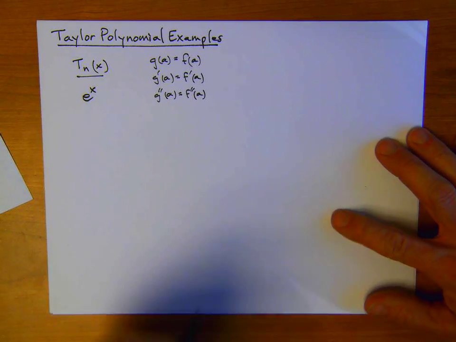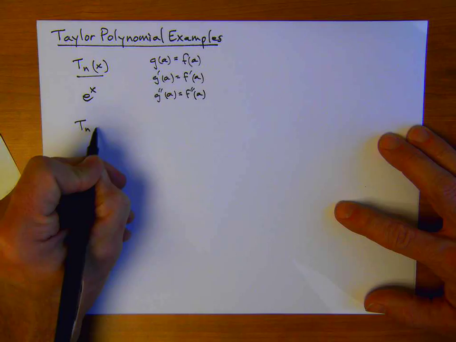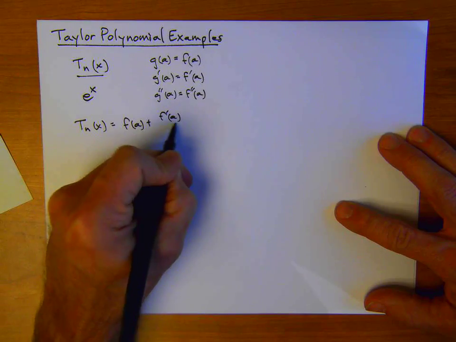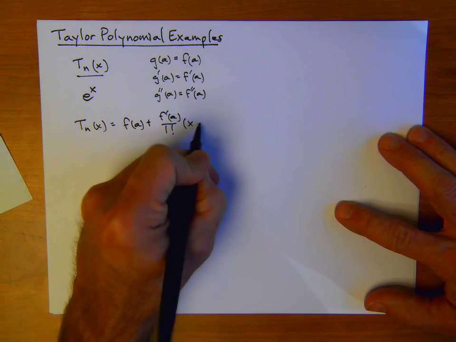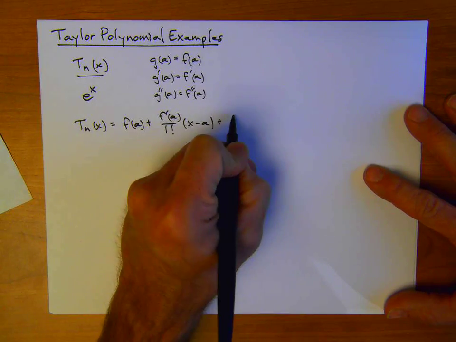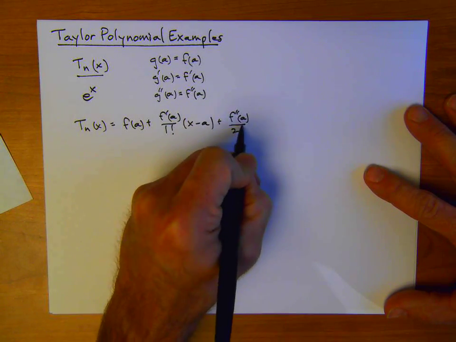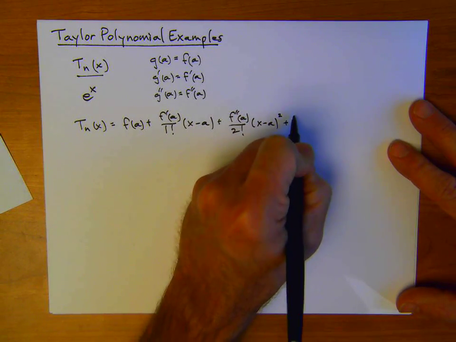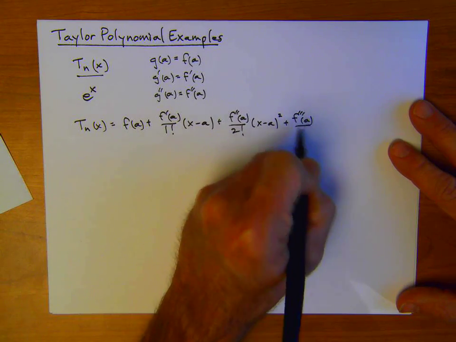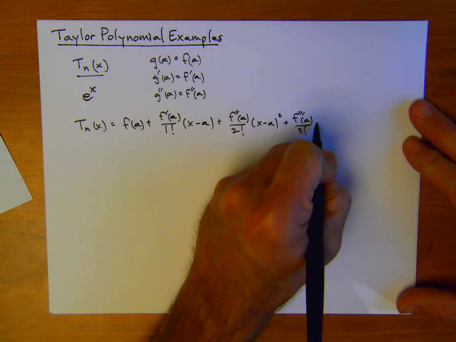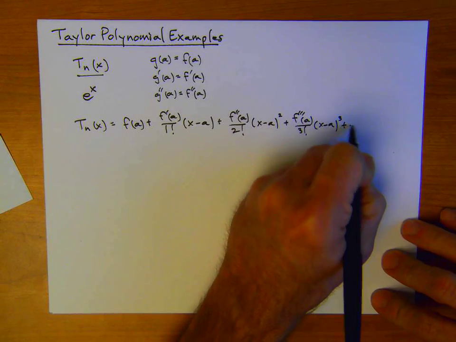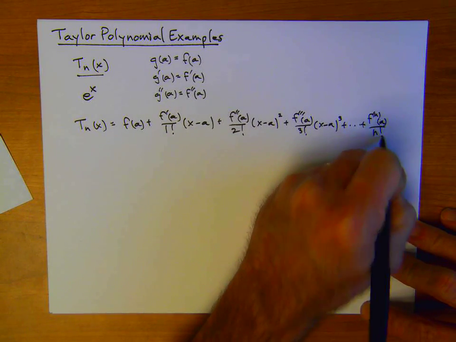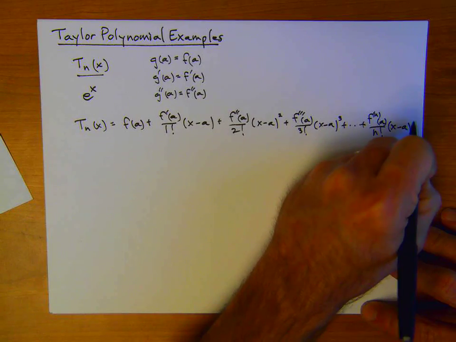We ended up with this formula for Tn of x, where it was f of a plus f prime of a over 1 factorial times x minus a, plus f double prime of a over 2 factorial times x minus a squared, plus the third derivative evaluated at a over 3 factorial times x minus a cubed, and we just go up to the nth derivative evaluated at a over n factorial times x minus a to the n.